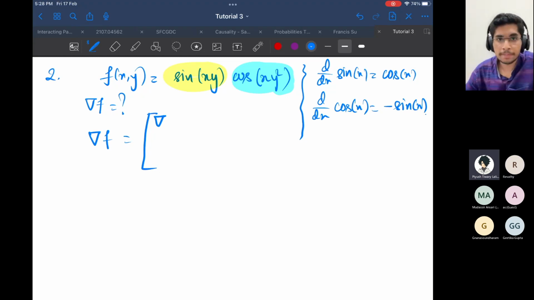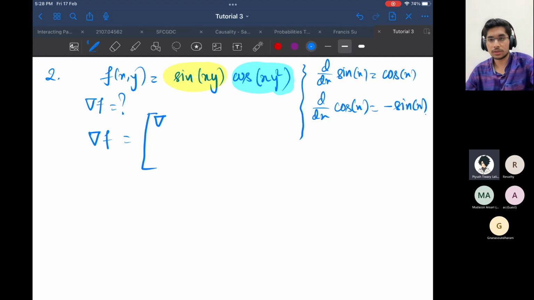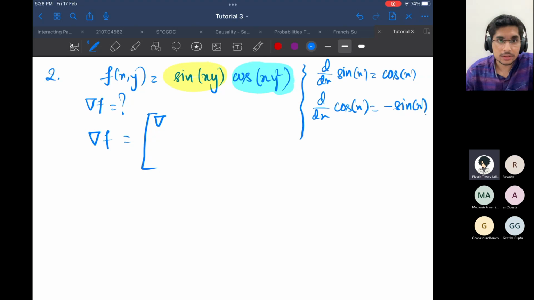On my screen as well it is visible, so I don't know what the issue is.